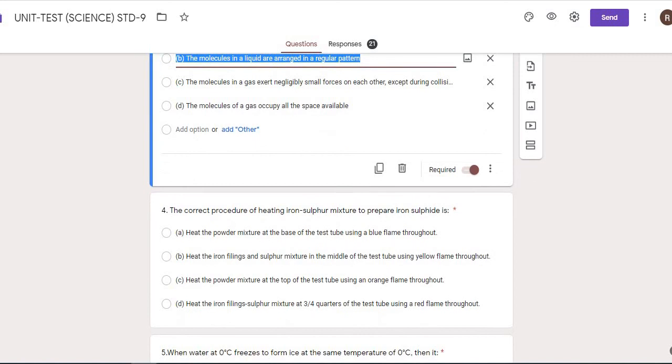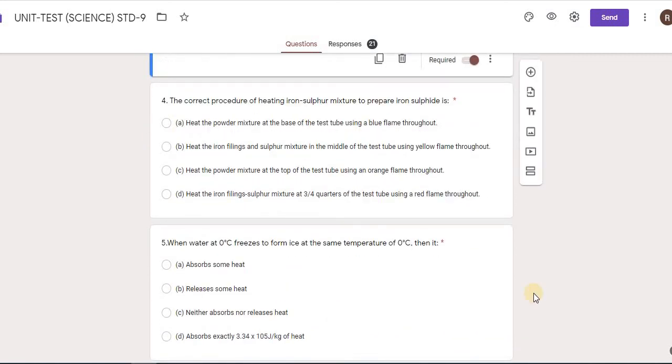Now let's see question number 4. The correct procedure of heating an iron sulfur mixture to prepare iron sulfide is. Option A, heat the powder mixture at the base of the test tube using a blue flame throughout.